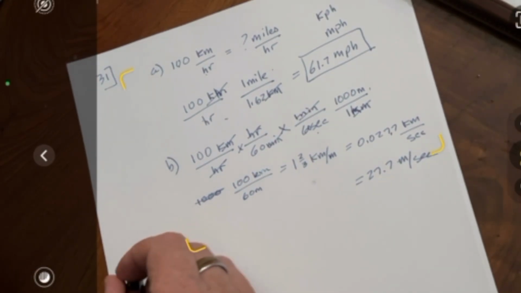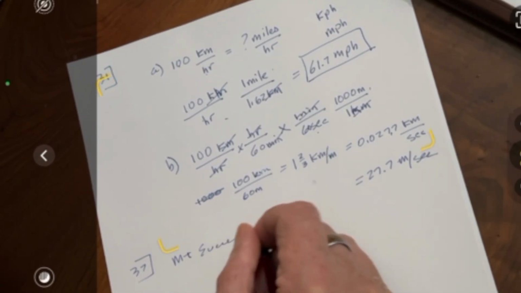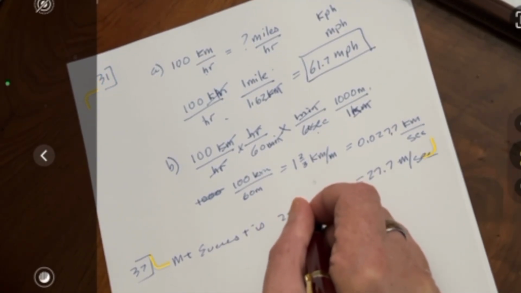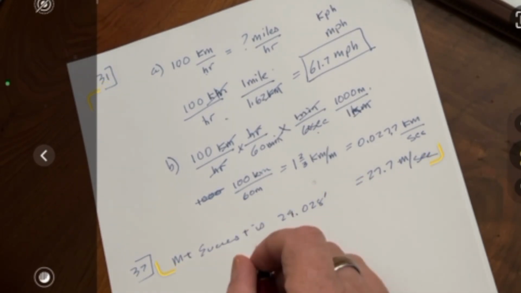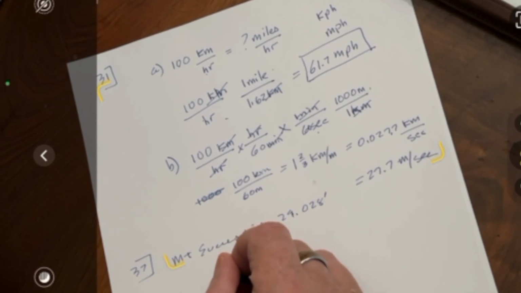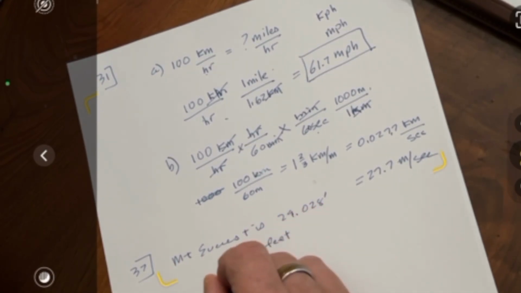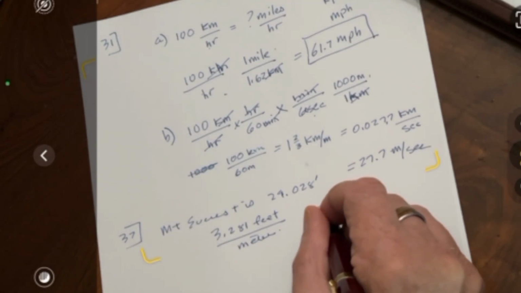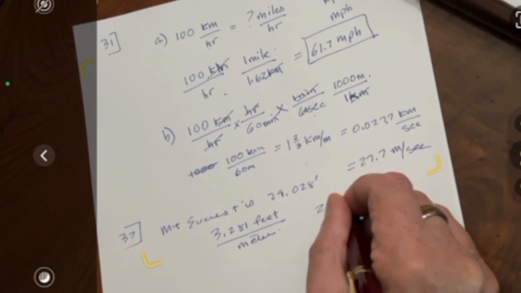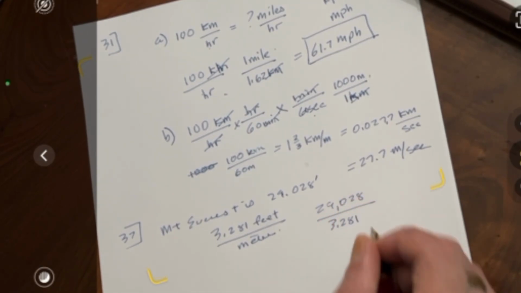Now again, the next one's pretty easy too. That's 37. And it says that Mount Everest is 29,028 feet high. How many meters is that? Now, what the book says is that there are 3.281 feet per meter. So all we do is we take 29,028 feet divided by 3.281.